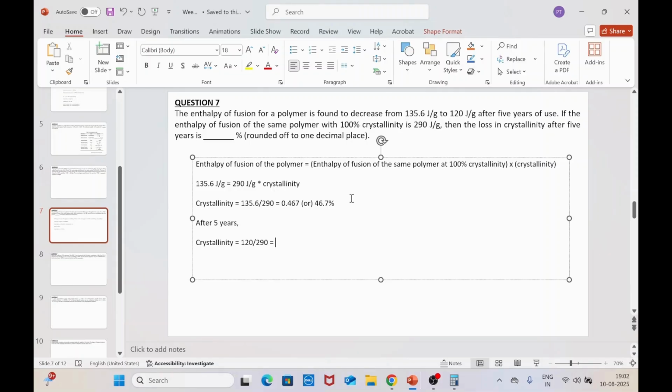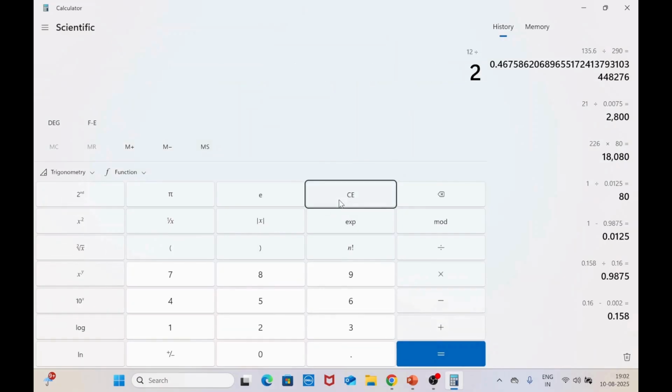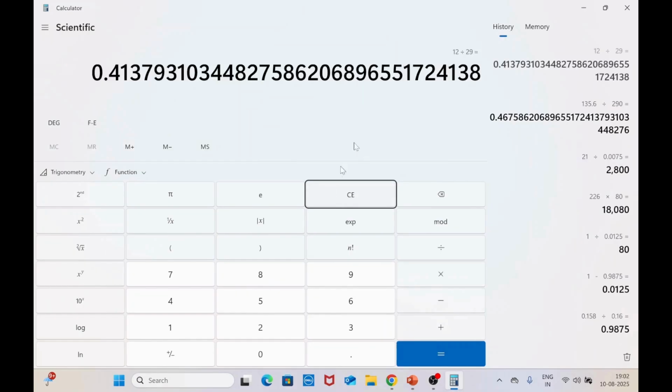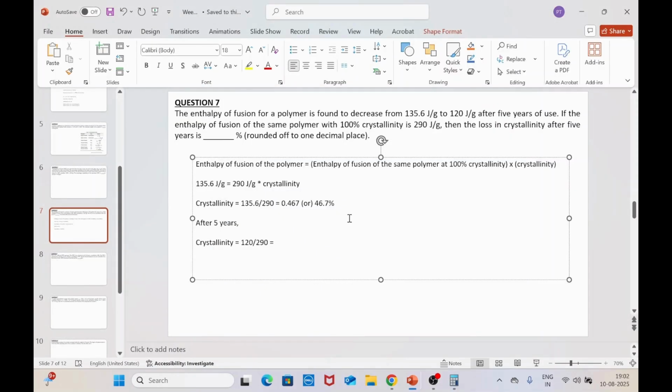So this equation will remain the same irrespective of the time periods you are considering for the calculation. So 120 by 290 is 41.37, or 0.4137, or you can write it as 41.37 percentage.